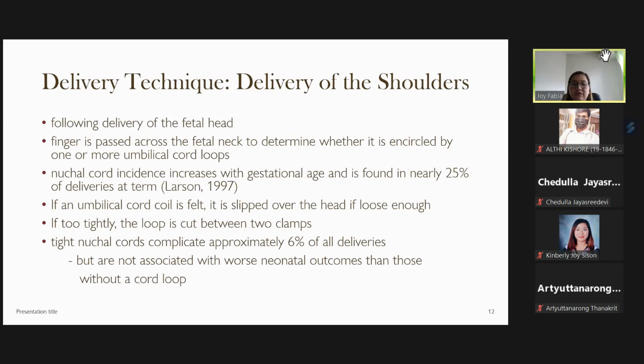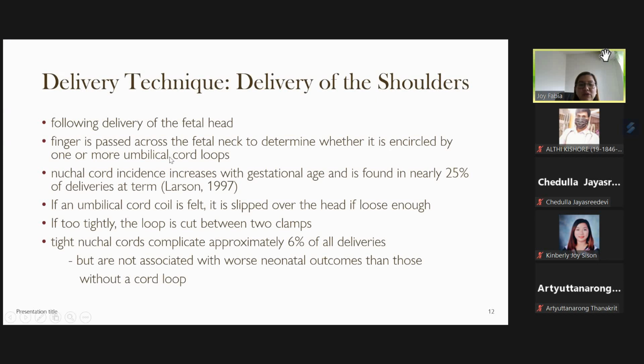Now, let's go to the delivery of the shoulder. Following the delivery of the fetal head, we proceed to the delivery of the shoulder. Here, a finger is passed across the fetal neck to determine whether it is encircled by one or more umbilical cord loops.